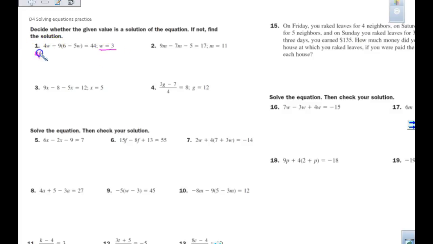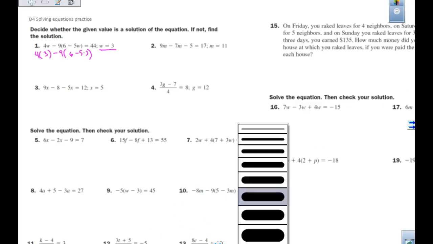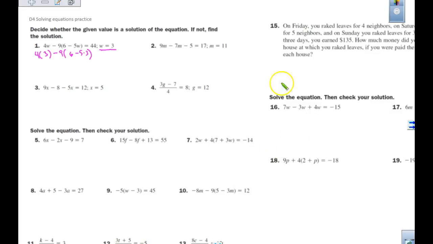So you're going to do 4, write it down please, times 3 minus 9 times 6 minus 5 times 3. So we just went to this equation, and every place where there was a W, we replaced it with 3. So I put all my W's, I replaced it with the 3.